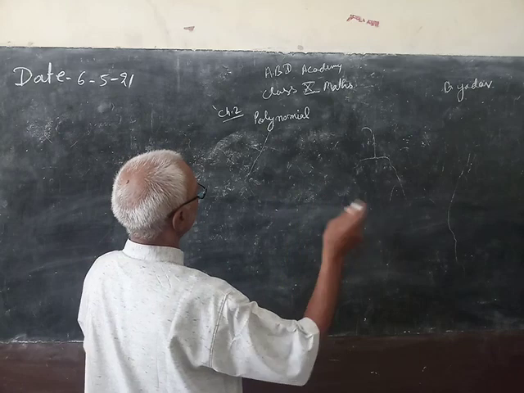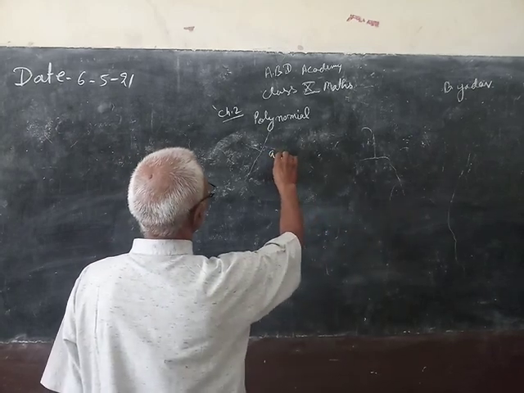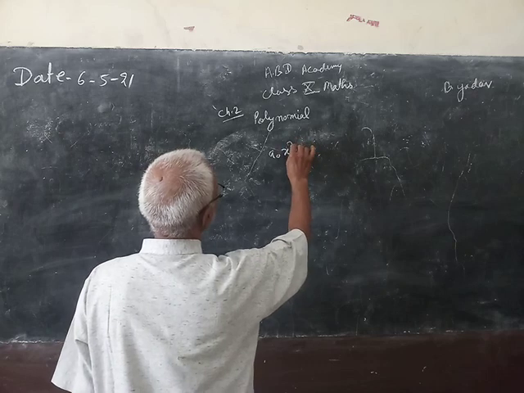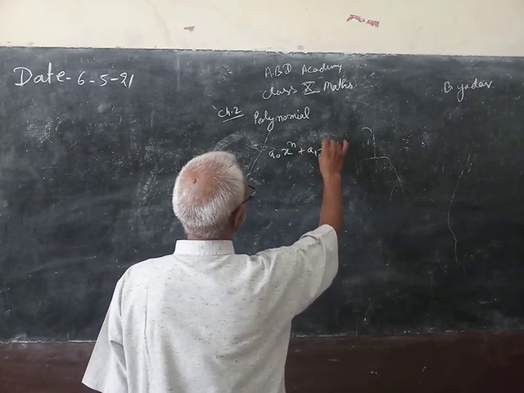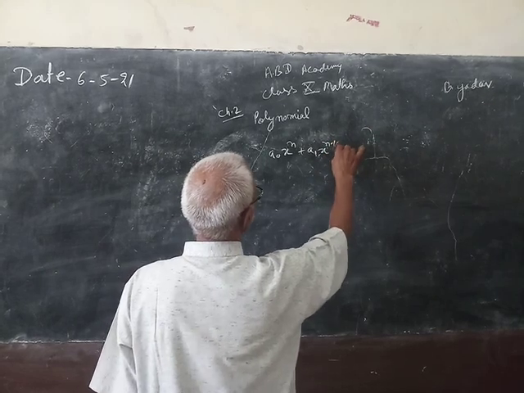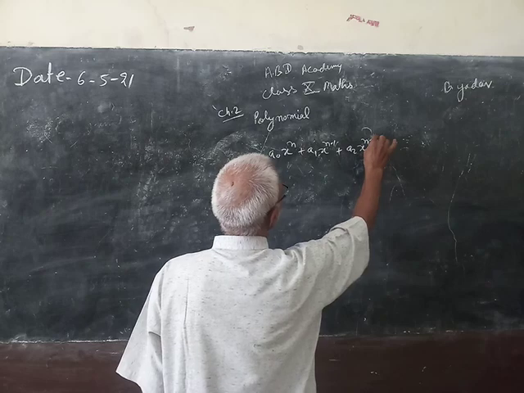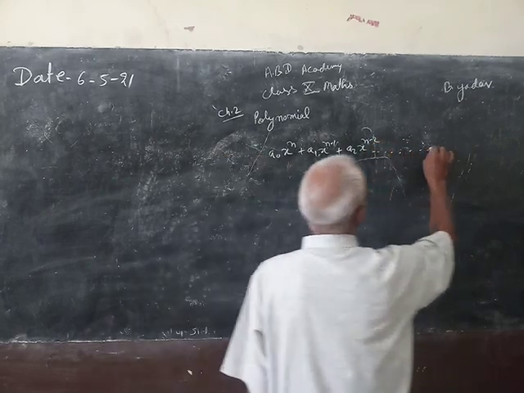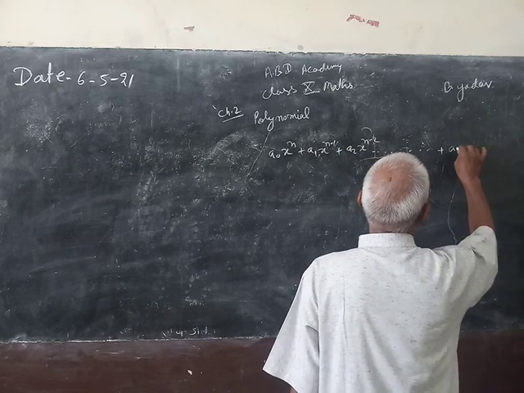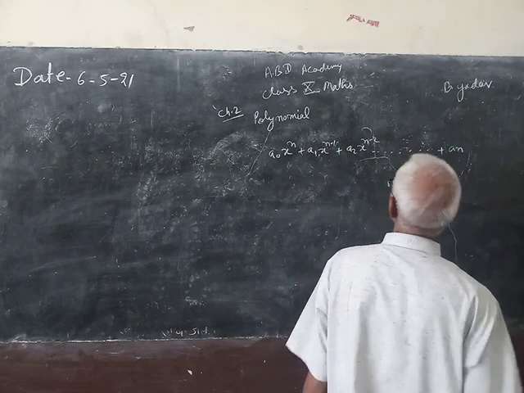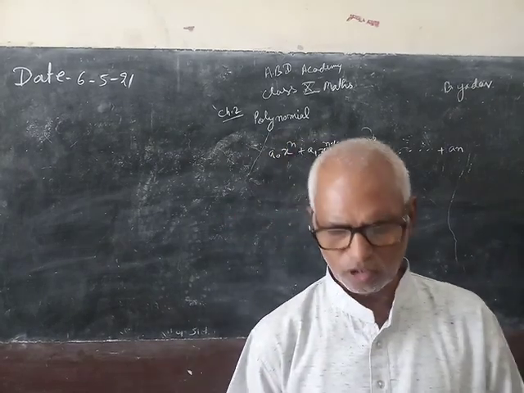Then I am writing first a polynomial in one variable: a0 x to the power n plus a1 x to the power n minus 1 plus a2 x to the power n minus 2 and so on. Lastly, it is an. This is known as polynomial.